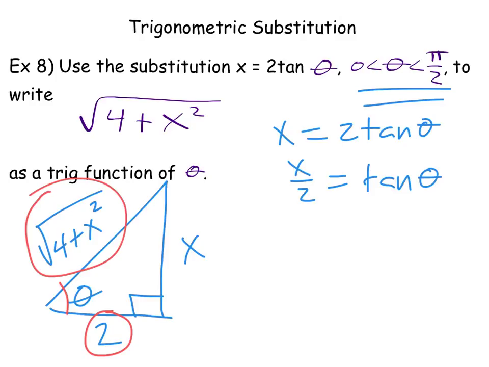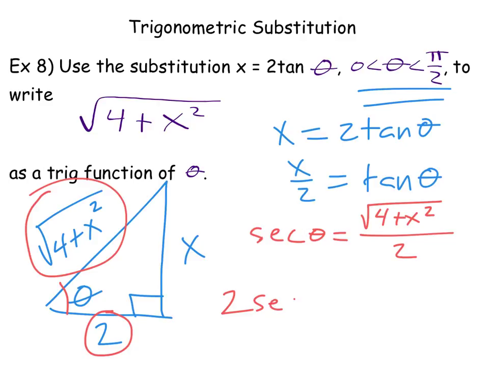So if I were to set this up, I would say, all right, secant of theta is the hypotenuse, which is the square root of 4 plus x squared, over the adjacent, which is 2. And this works out really well, because if I multiply both sides by 2, the right side is just the hypotenuse, and I have my answer right here.